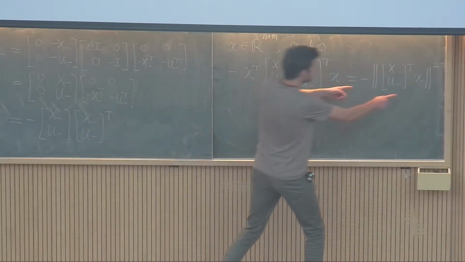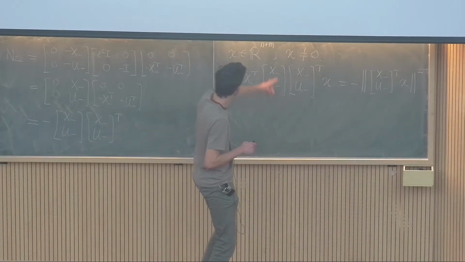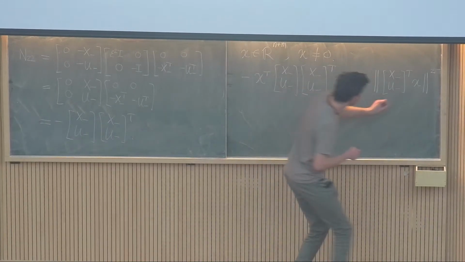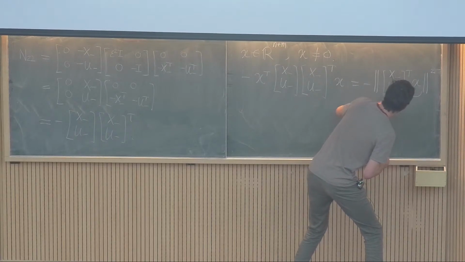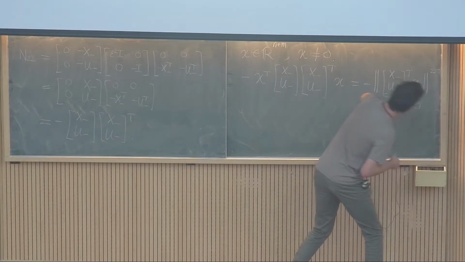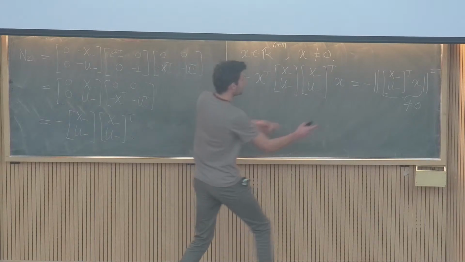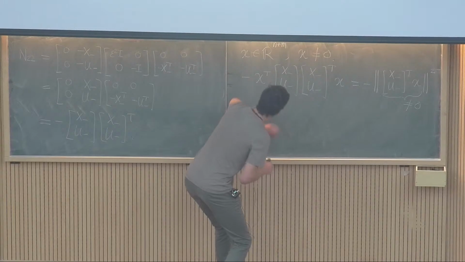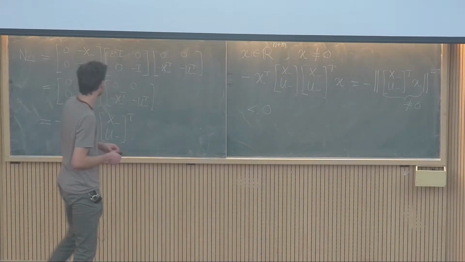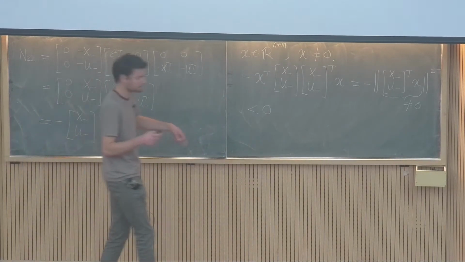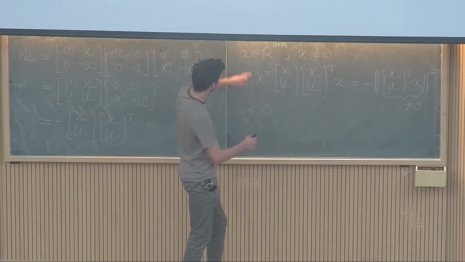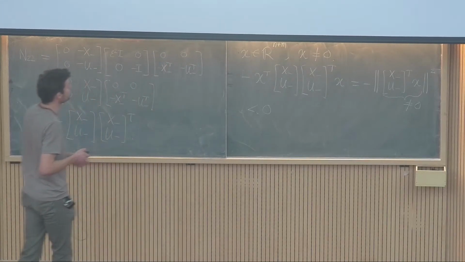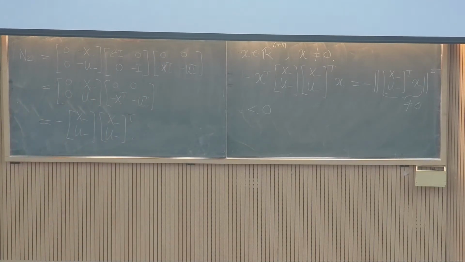So this is always less than or equal to 0, but because x is a non-zero vector and [x minus, u minus] has full row rank, this product is actually non-zero, which means that minus this norm squared is strictly negative. So the conclusion is that for all non-zero vectors x, this product is negative. Hence, N22 is negative definite.